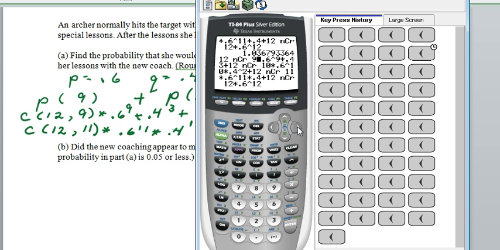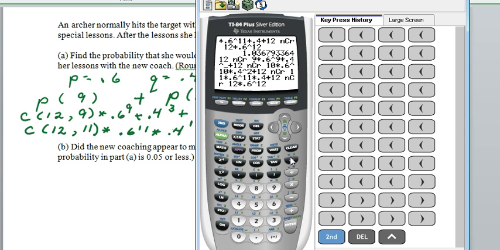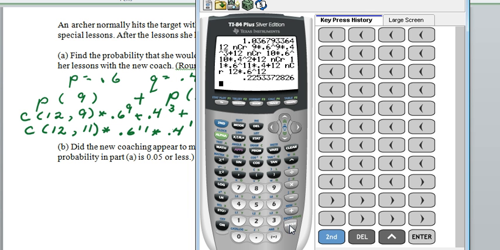Whoops, too far. I forgot the exponent. So I'm going to go second, del for insert, and insert a caret there. And then hit enter. And I get 0.22534.